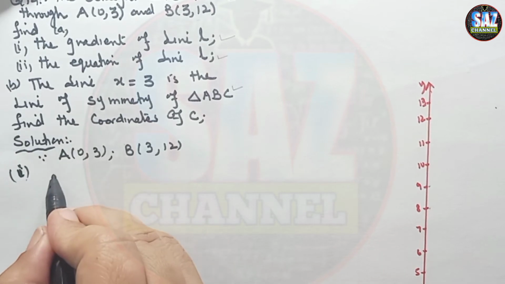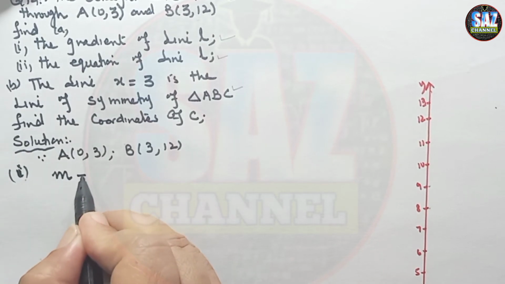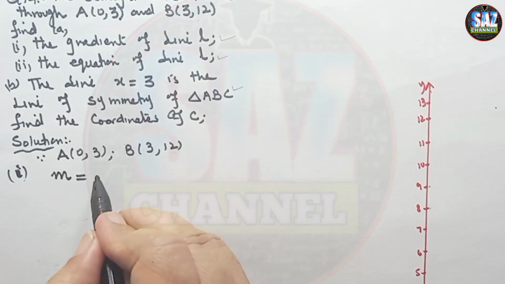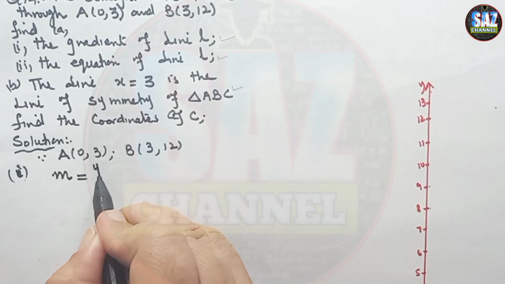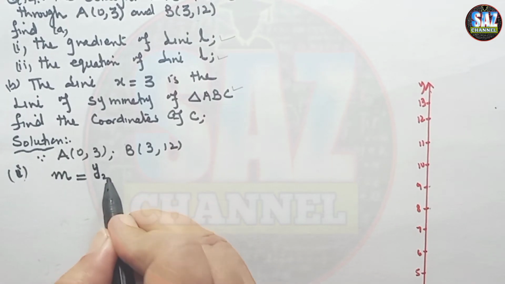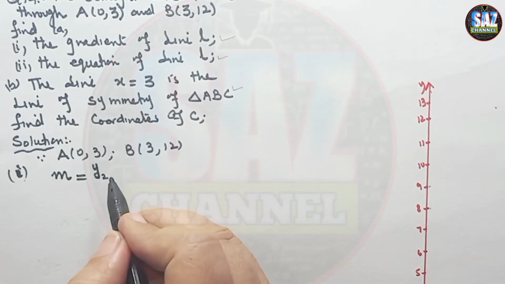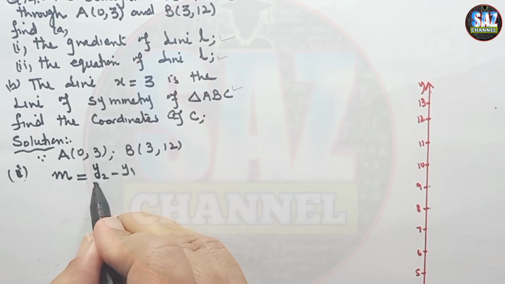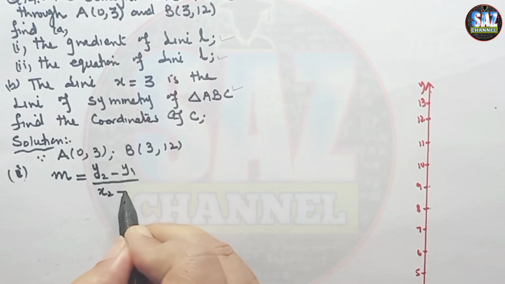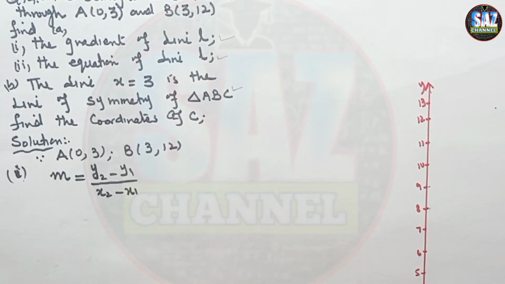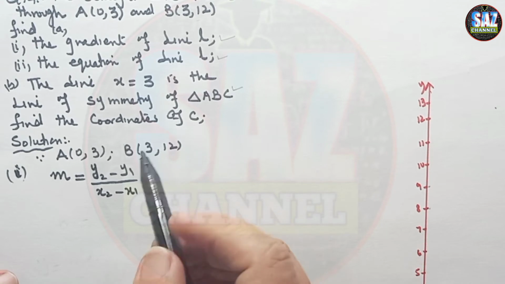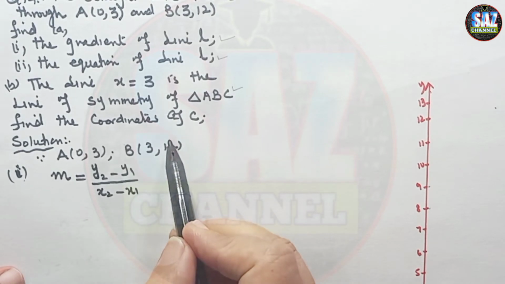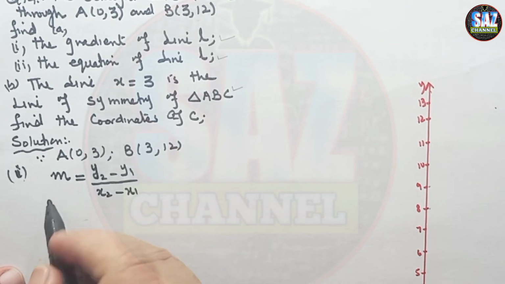We know that the symbol for the gradient is small m, and the formula is the ratio of rise to run, or change in y coordinate upon change in x coordinate, or y2 minus y1 upon x2 minus x1. Always support your working with formulas and statements so that the examiner can understand your working well. Okay, y2 is 12 and y1 is 3.